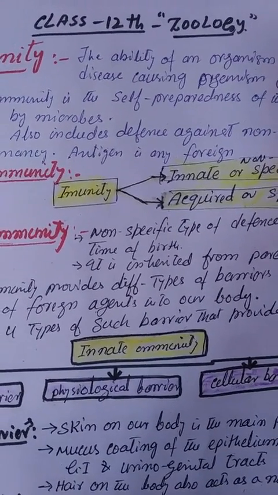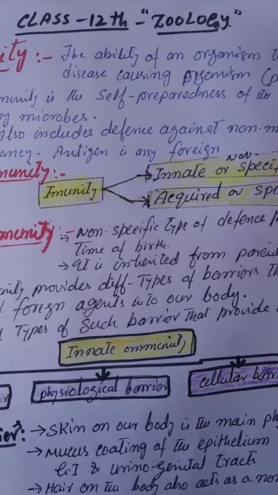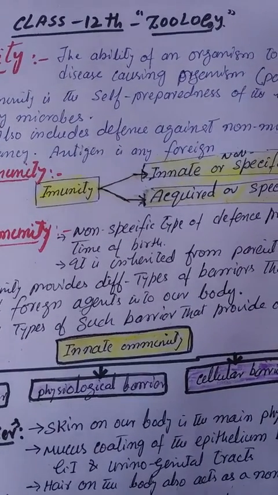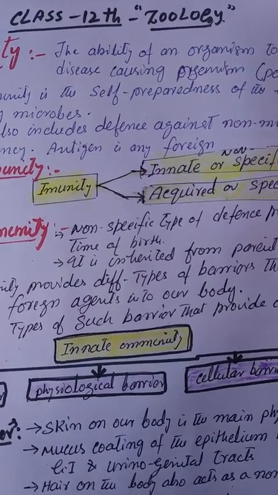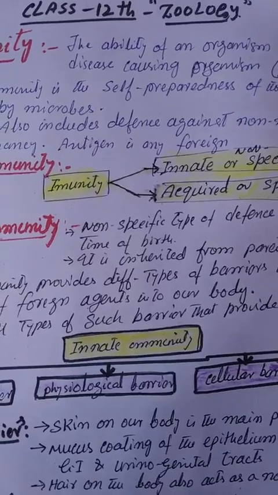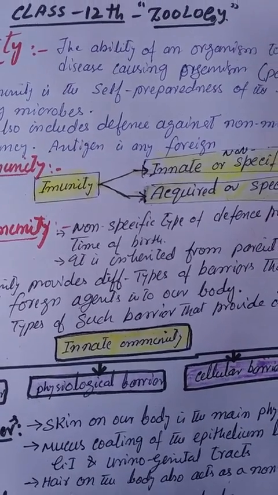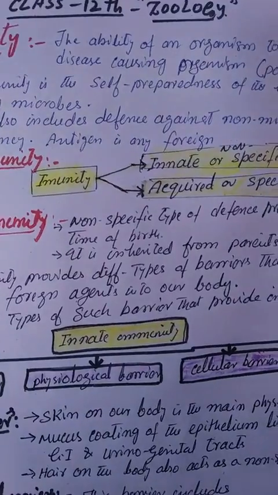This ability of an organism to fight the disease-causing organisms, or pathogens, is actually immunity. Basically, immunity is the self-preparedness of the body against the invasions of microbes.